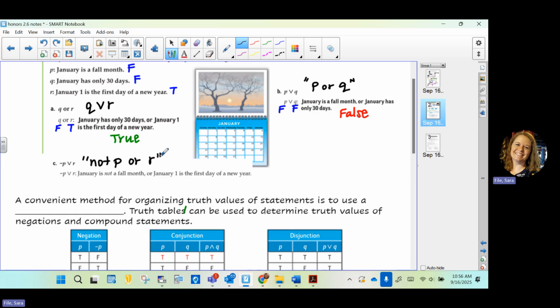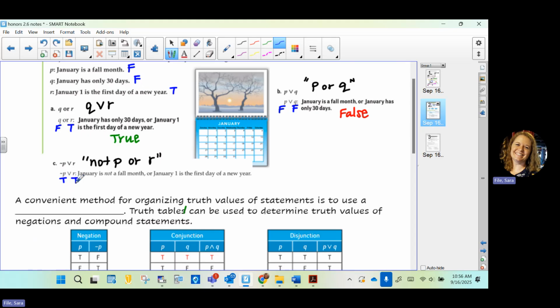Okay, so if P was false, what is not P going to be? Not P is going to be true, because not P is going to be January is not a fall month. Now that's a true statement. So not P is true. And then R was also true. It was January is the first day of the new year.